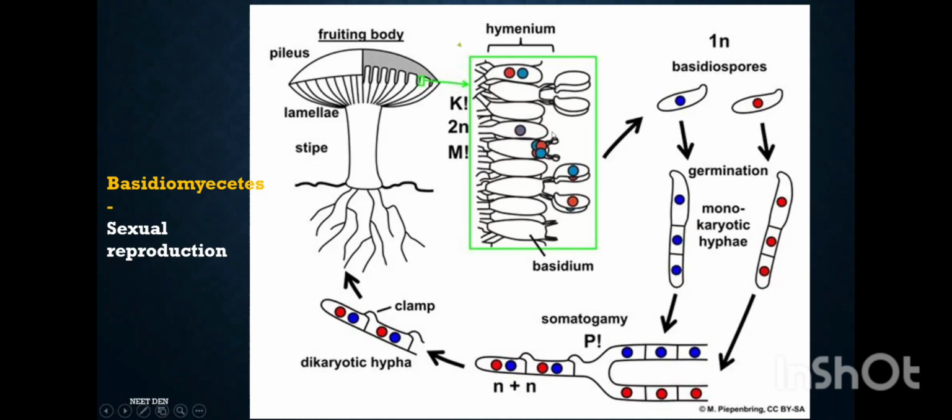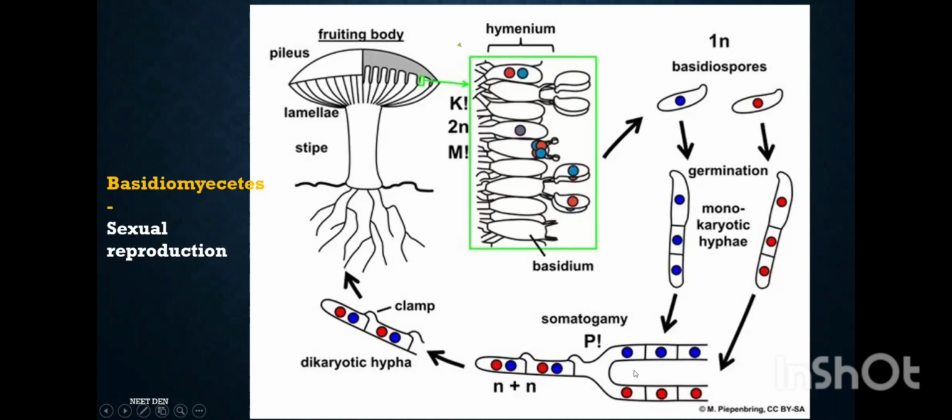We can see that this is a fruiting body of Basidiomycetes in which these diploid zygotes or mother cells are present, which is also called the basidium in this case. They undergo meiosis and produce 4 haploid spores having single nuclei. When these spores are released, they undergo germination and produce these haploid hyphae. Now, when these two hyphae are compatible, they can fuse with each other.